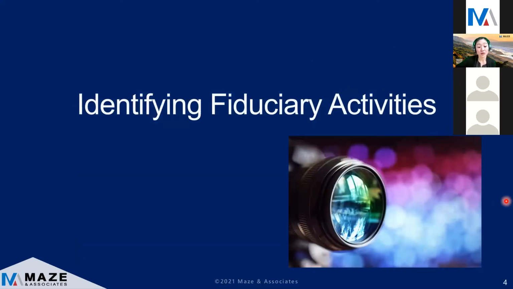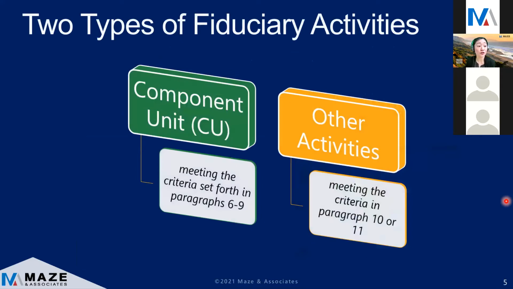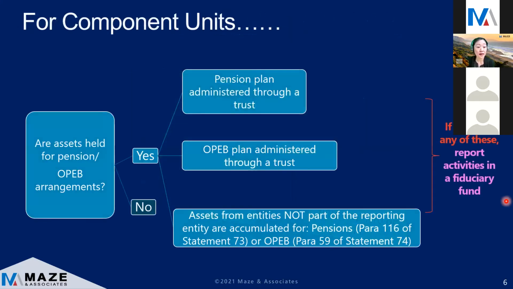Okay. So first of all, identifying the fiduciary fund. There are two types of activities that GASB 84 considers fiduciary activities. One type is the component unit activities, and then you have all other activities. Now, we are not going to go into how to determine whether there is a component unit because we only have about an hour.